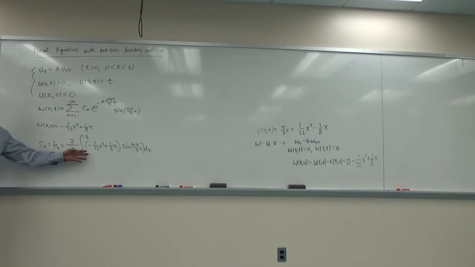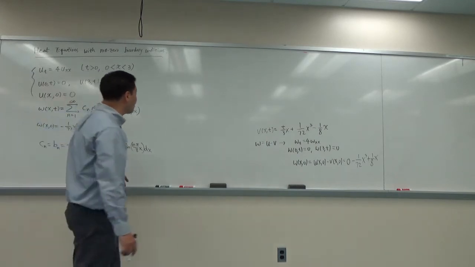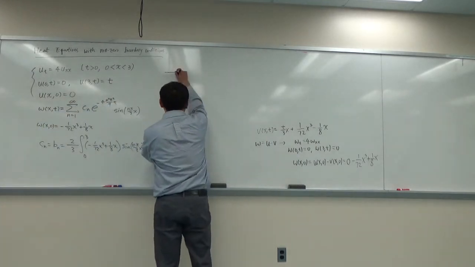Okay, so this is actually quite tricky if you wanted to do it with the classical integration by parts, because you actually have to do integration by parts three times. It's a lot of work. So for this one, you really want to use the tabular. So let's try the tabular.